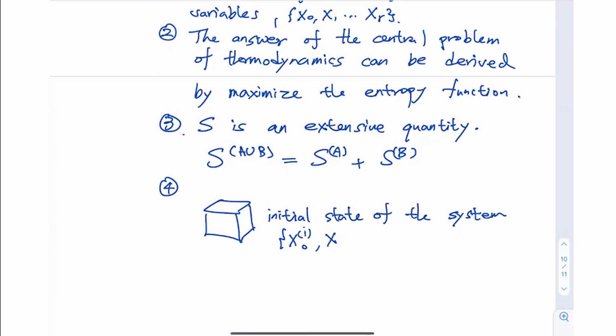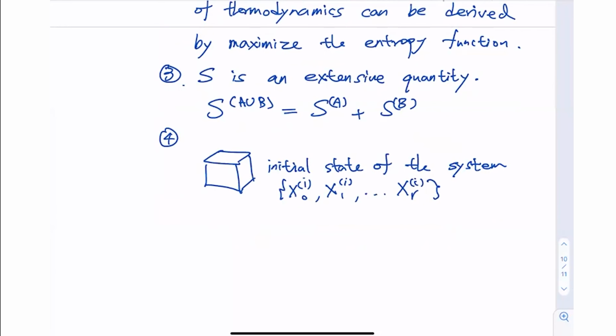Okay, now let's try to use it. Suppose we have our system and its initial state is described by the extensive variables that we just discussed, and there are of them.